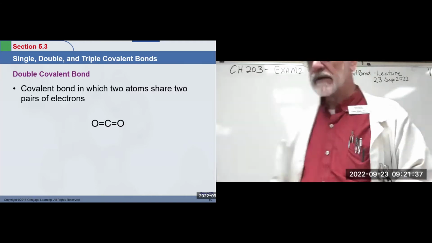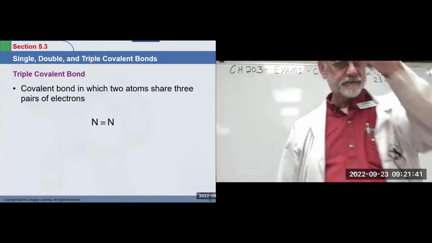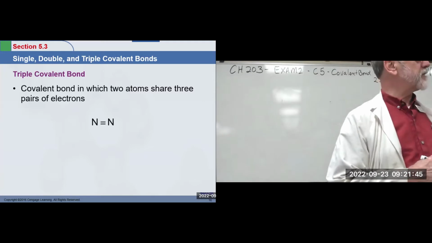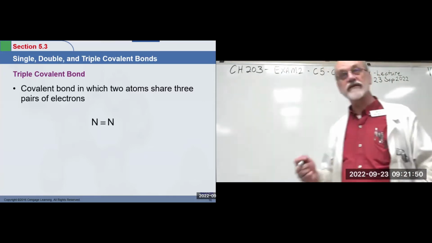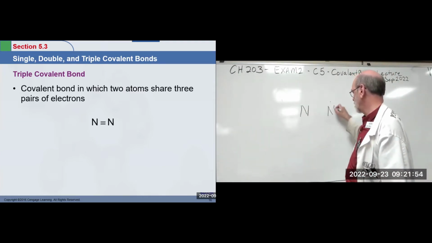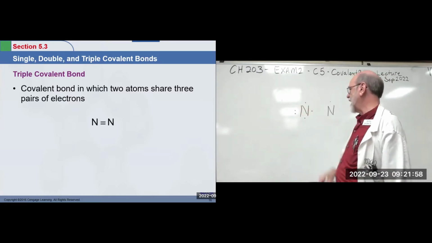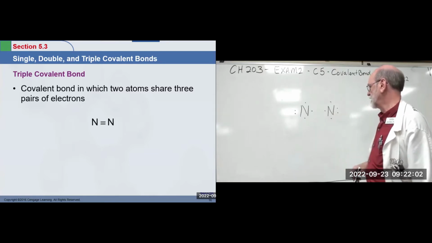Okay, so those are double bonds, and you can also have triple bonds. So let's look at nitrogen. Nitrogen is in the 5th column to the right. So it has 5 valence electrons, right? Okay, 1, 2, 3, 4, 5.